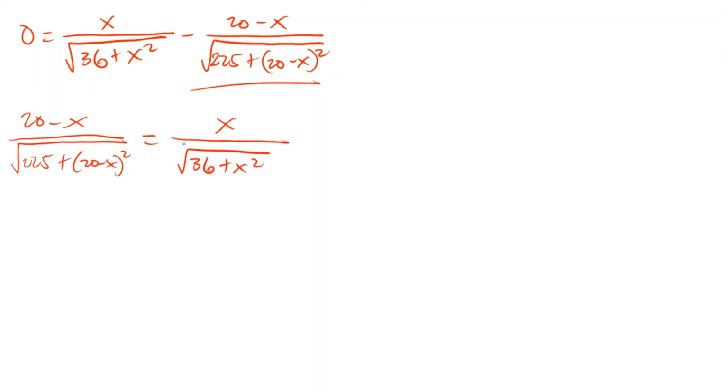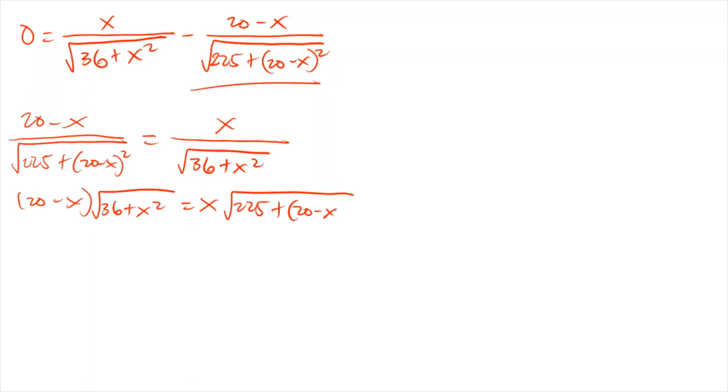Okay, and then we cross multiply, right? So that you get what? 20 minus x times the square root of 36 plus x squared equals x times the square root of 225 plus 20 minus x squared.